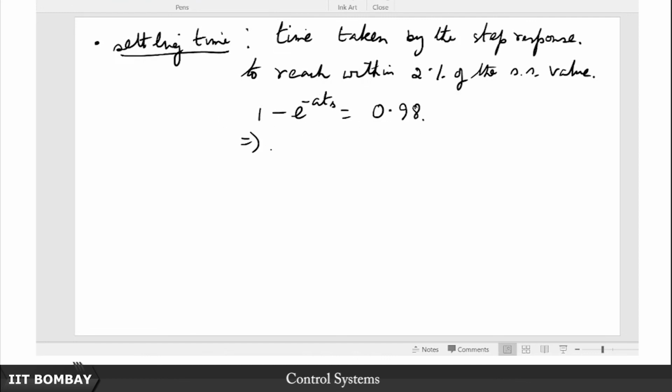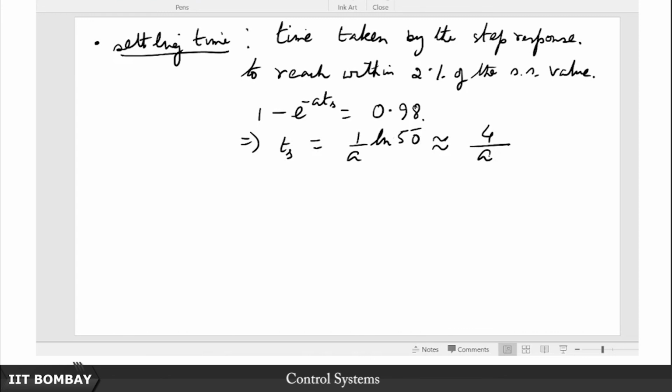From this you can obtain through computation ts as 1 upon a times ln 50, because 1 minus 0.98 is 0.02, which is 1 over 50, right. Once again, you can approximate this as 4 upon a, alright. The actual value of ln 50 is around 3.9, so we are approximating it as 4.